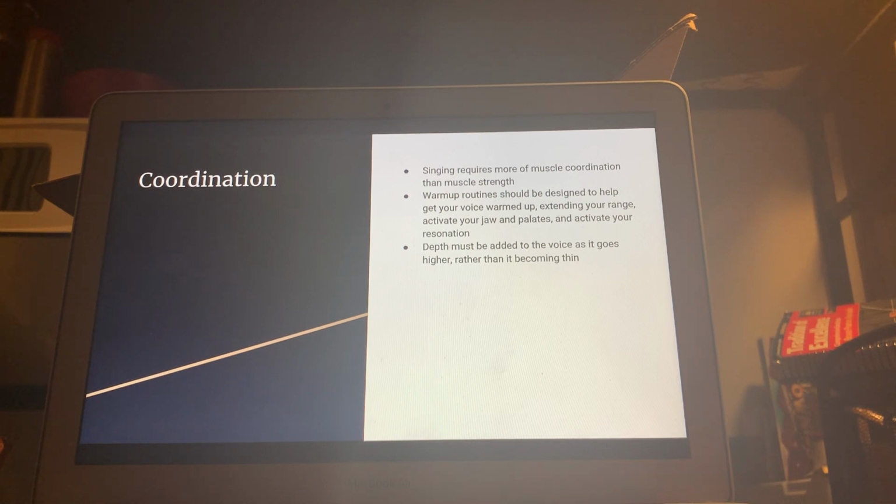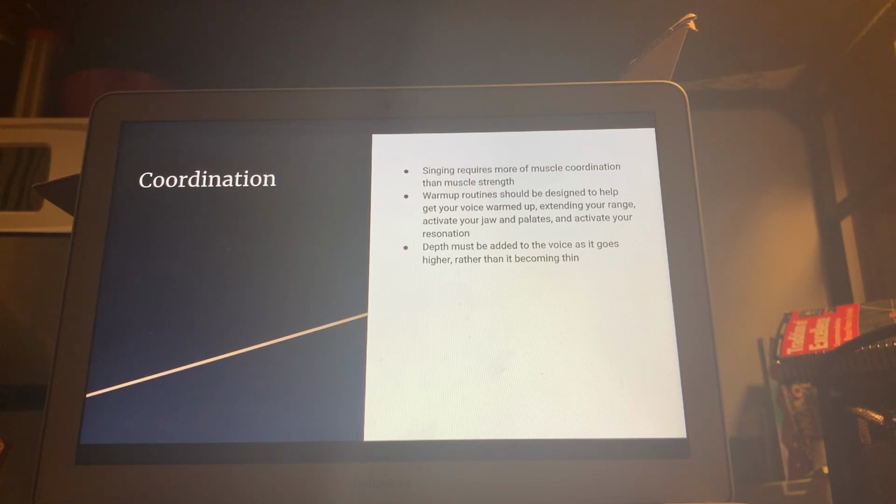You want to do that with your jaw and your palates, really getting big about lifting your palate and keeping your jaw loose so that it can move and you're not struggling trying to open it. And then activate your resonation. Use certain vowels and certain consonants to really get the resonation out, so you can focus on that, feel the resonation, and keep it throughout the rehearsal.